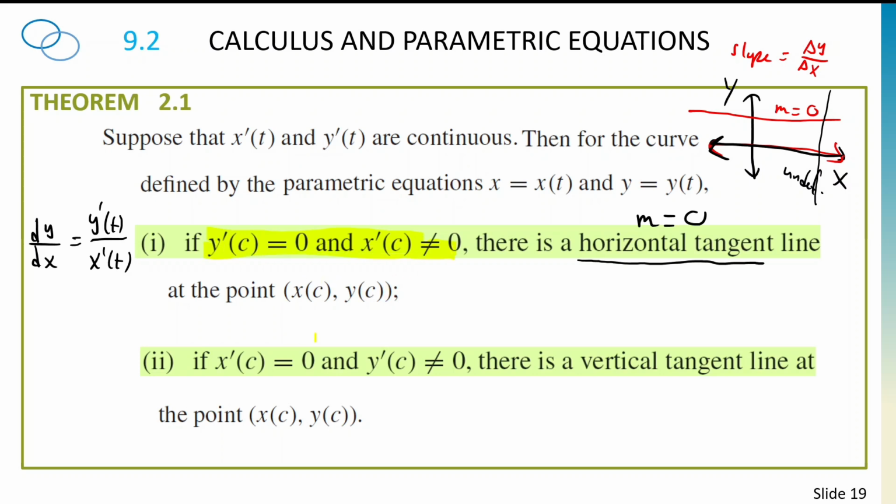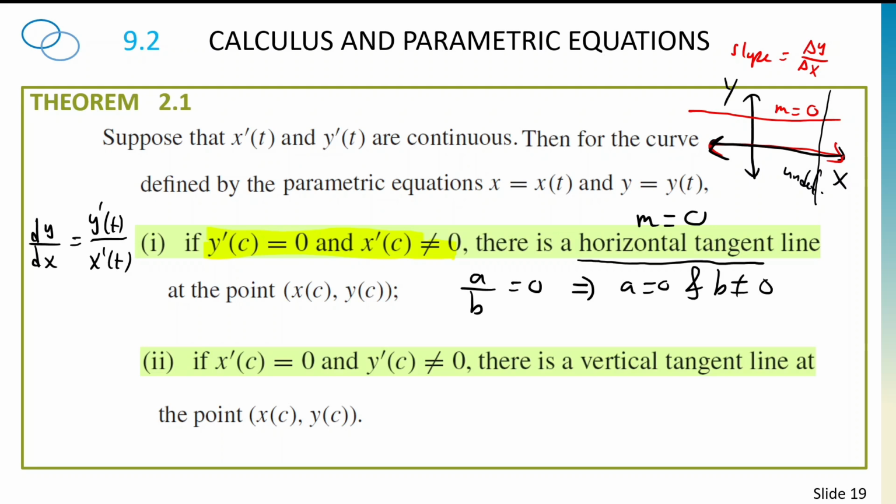So remember, just think about it: when do I have any fraction equal to 0? The numerator should equal 0. Anytime you have a over b equals 0, this means that a equals 0 and b does not equal 0. So it's not the case of 0 over 0. It's only 0 over a non-zero number.